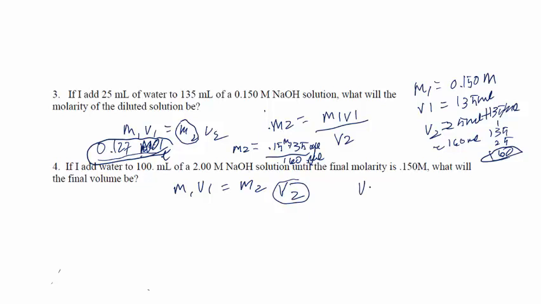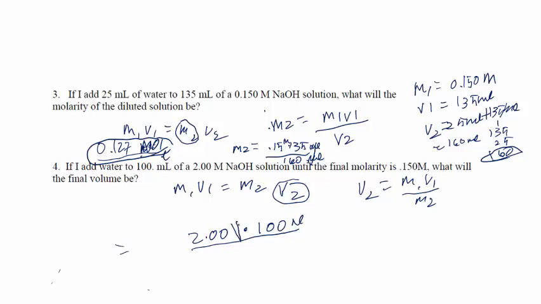So we have V2 equals M1 V1 over M2, which is equal to 2.00 times 100 over... ml.